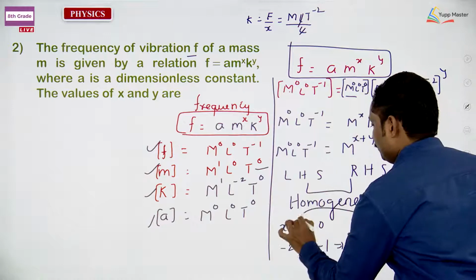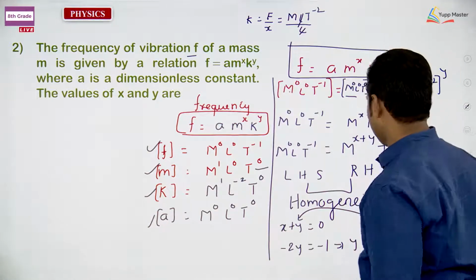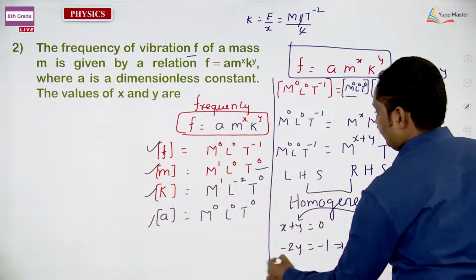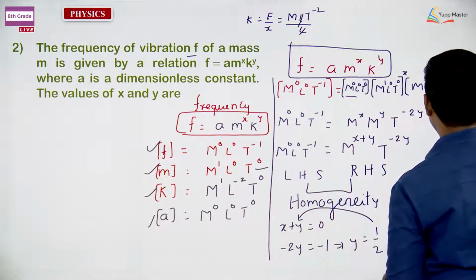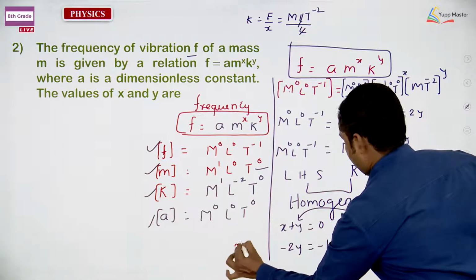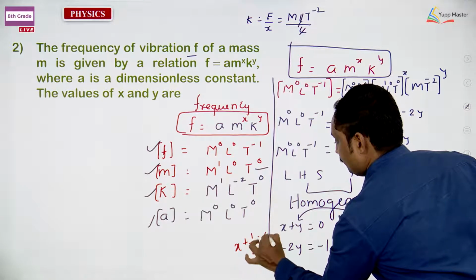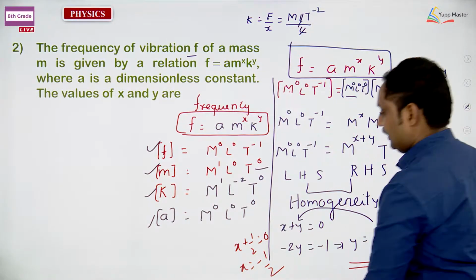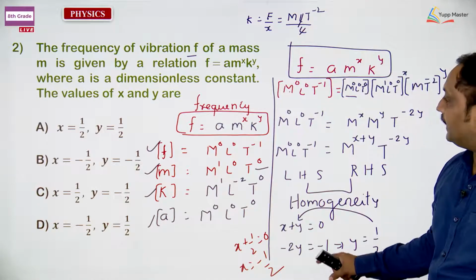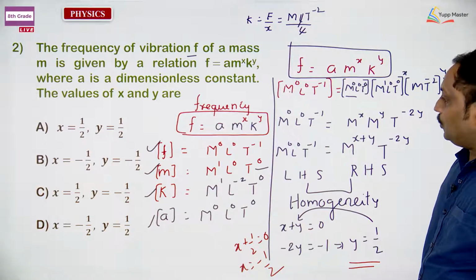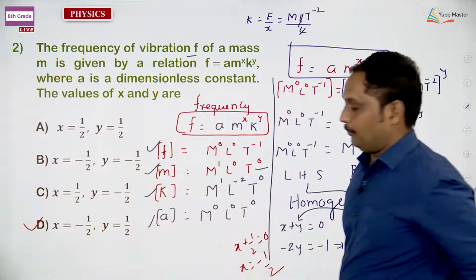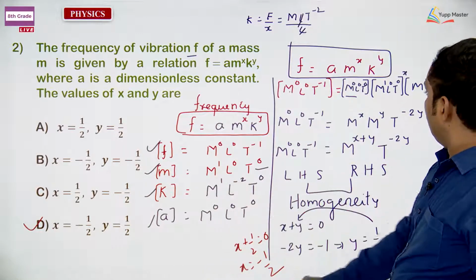If you substitute the y value in that, x plus 1 by 2 is equal to 0, x is equal to minus 1 by 2. We have solved that x is equal to minus 1 by 2 and y is equal to 1 by 2. Very good. This is the correct answer. The fourth one is the correct answer.